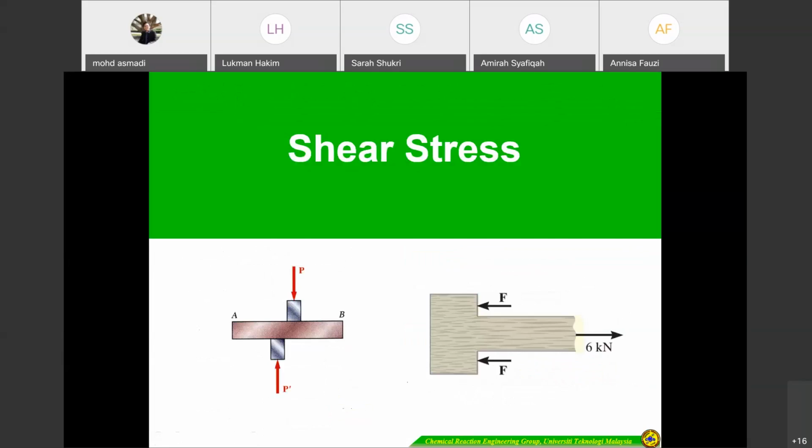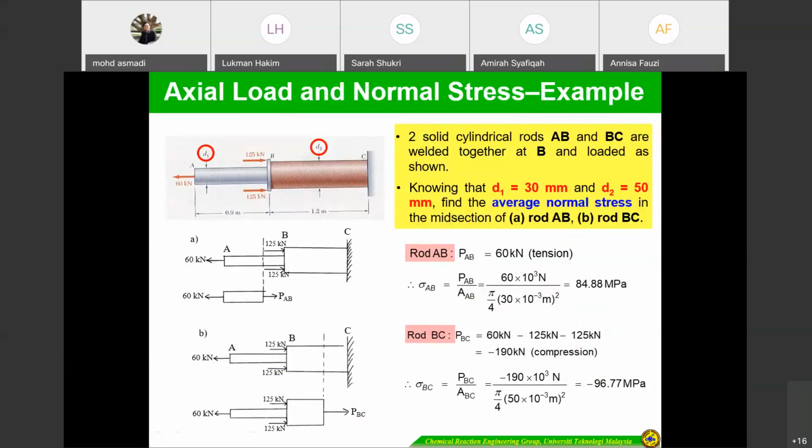Any question about the normal stress? It's easy, right? Normal stress is the internal force.